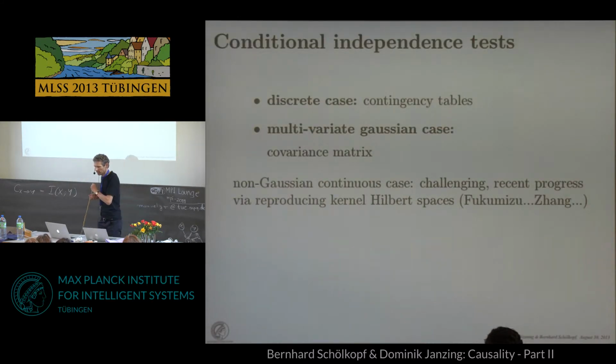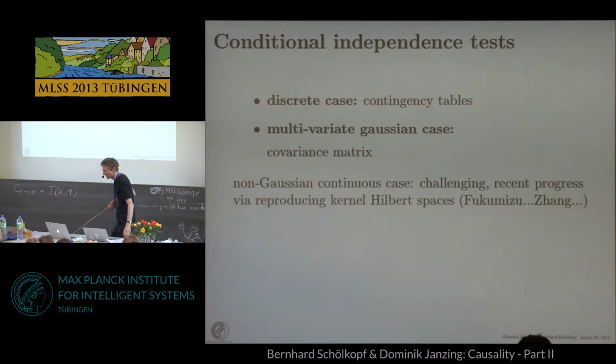Okay, we haven't been talking about one important problem. How do you do this conditional independence test? Most algorithms, if you look in the books of Spirtes and Pearl and so on, are just talking as if we would have perfect independence testing.